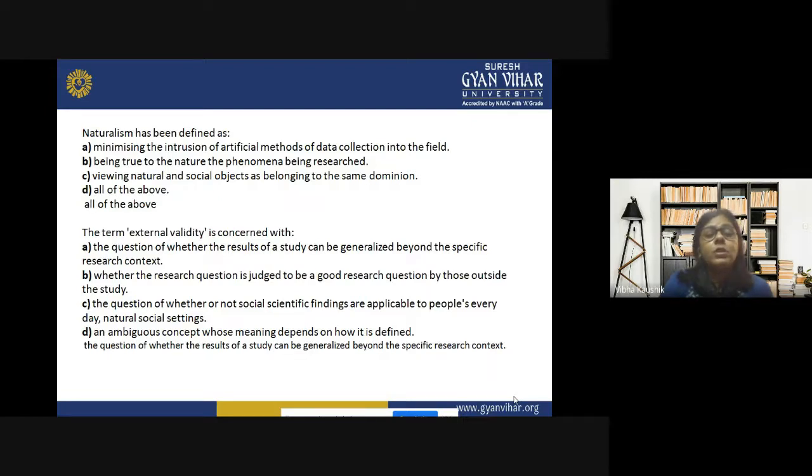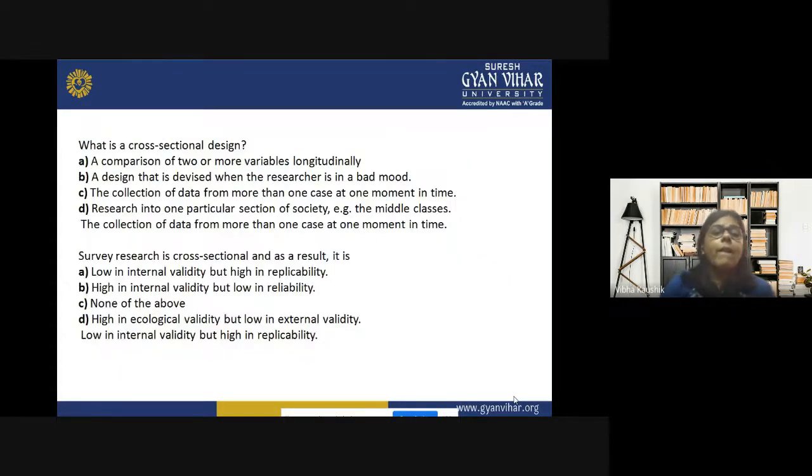C, the question of whether or not social scientific findings are applicable to people's everyday natural social settings. Or D, an ambiguous concept whose meaning depends on how it is defined. So the correct answer is option A, that is the question of whether the results of a study can be generalized beyond the specific research context.